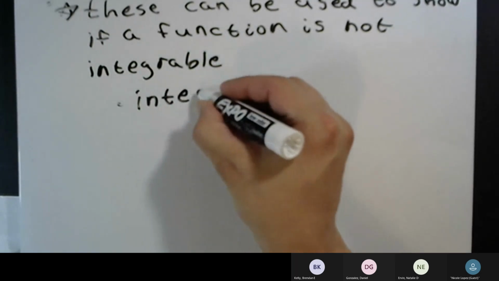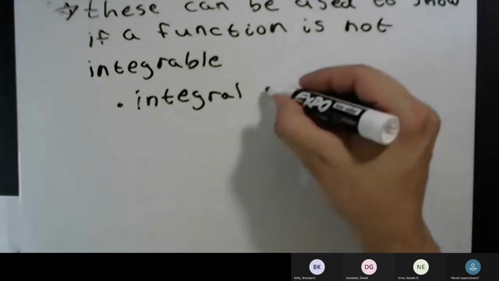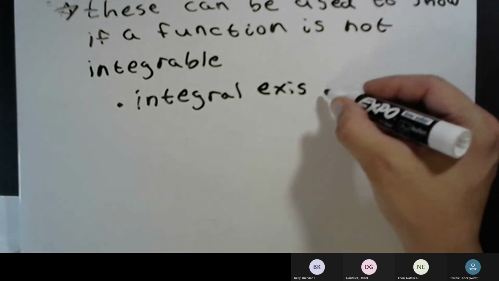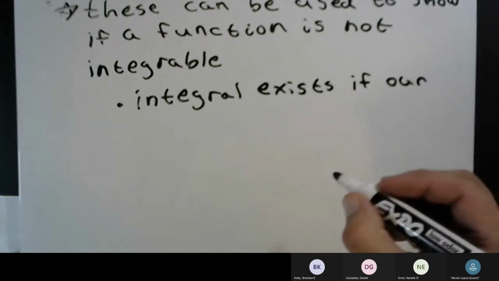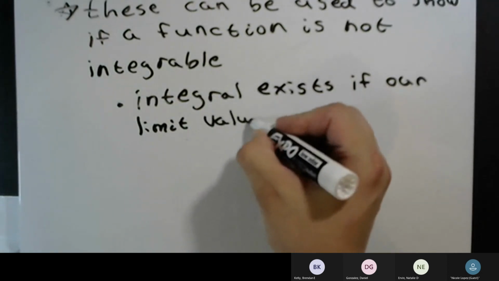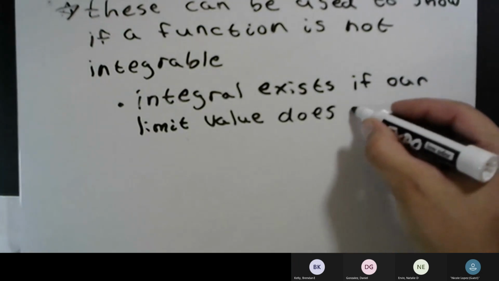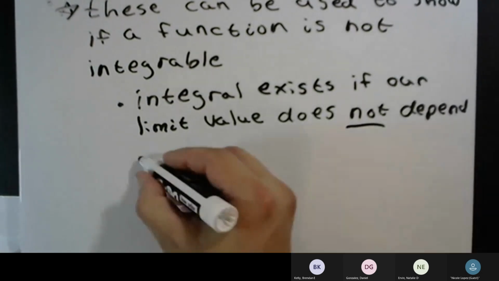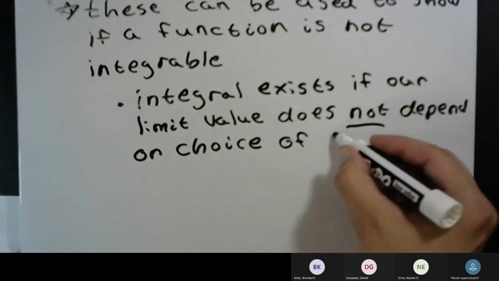So the integral exists if our limit value, that's that big limit for the sum, does not depend on the choice of the CKs.